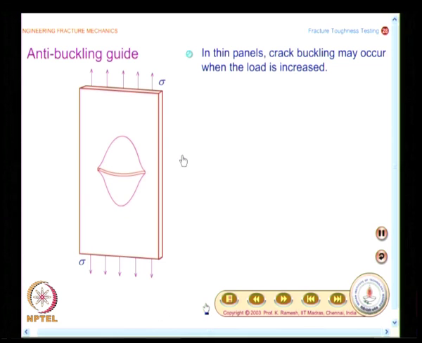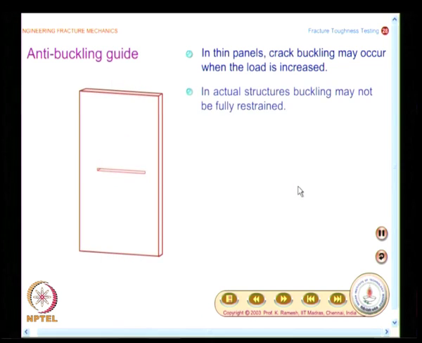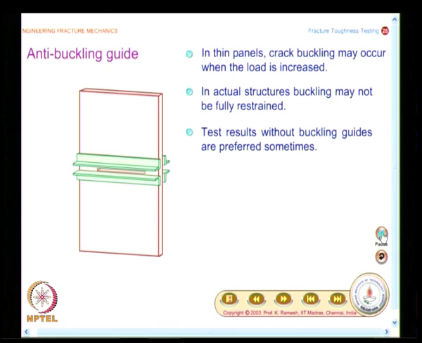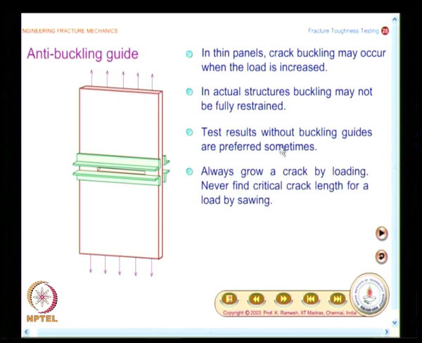So, you have to keep in mind that in thin panels, crack buckling may occur when the load is increased. In actual structures, buckling may not be fully restrained. So, what people say is test results without buckling guides are preferred sometimes.